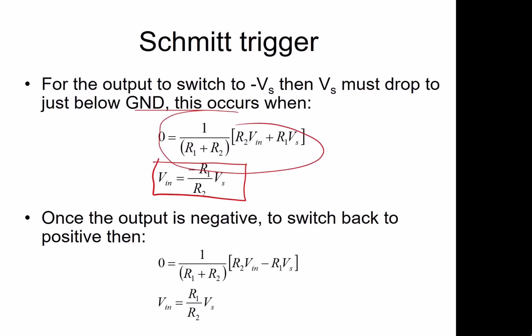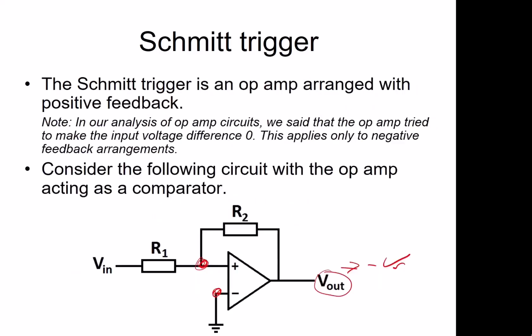If we now go back and look at this, this is now minus Vs. If we want this to switch back to plus Vs, then this potential point here is going to have to increase until it gets more than 0, so it's more than this point here.